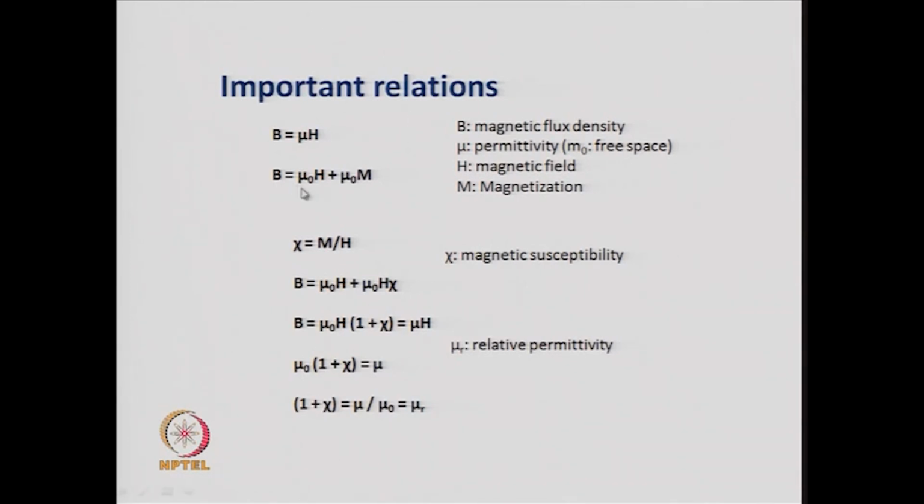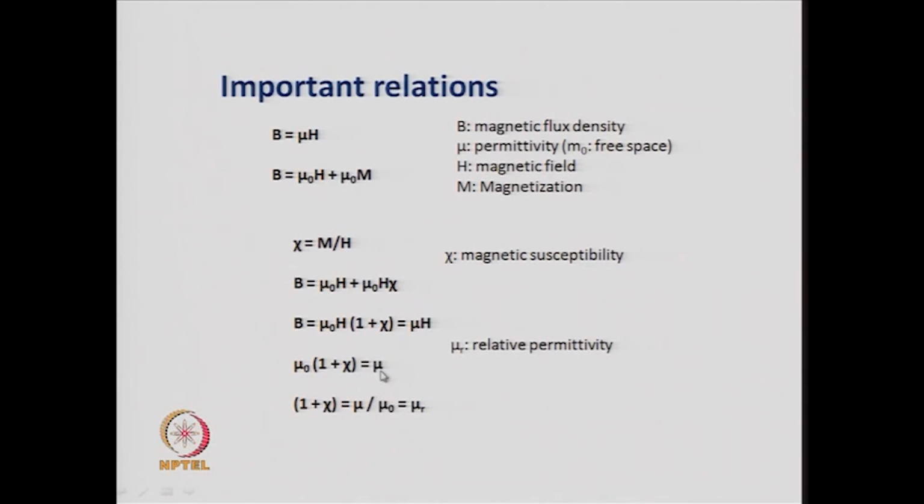It has a constant value, and M is the magnetization, and chi is the magnetic susceptibility and is given by M by H, and then B, the magnetic flux density which is going through the solid, is related to these equations, and ultimately you can write mu naught multiplied by 1 plus chi is equal to mu.